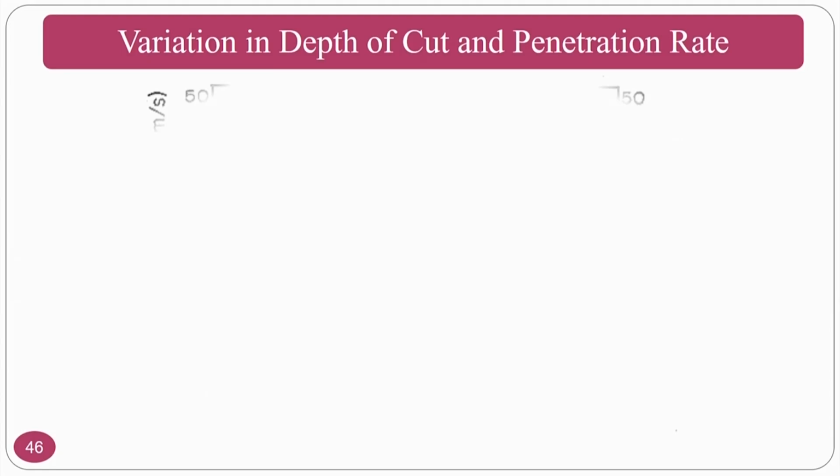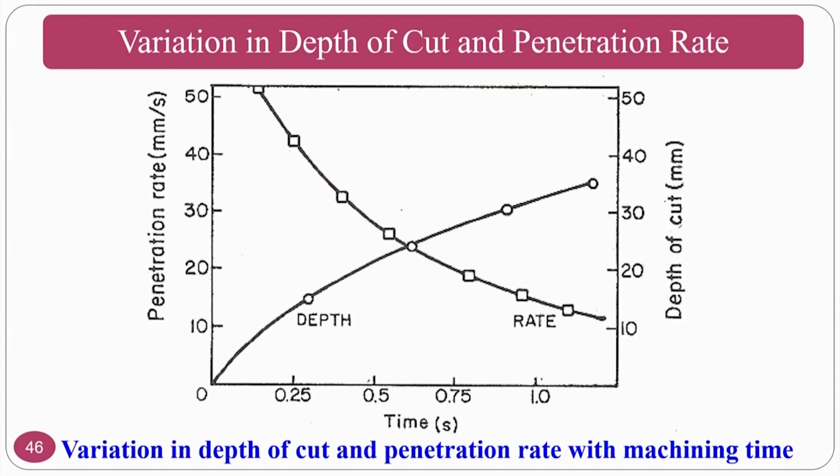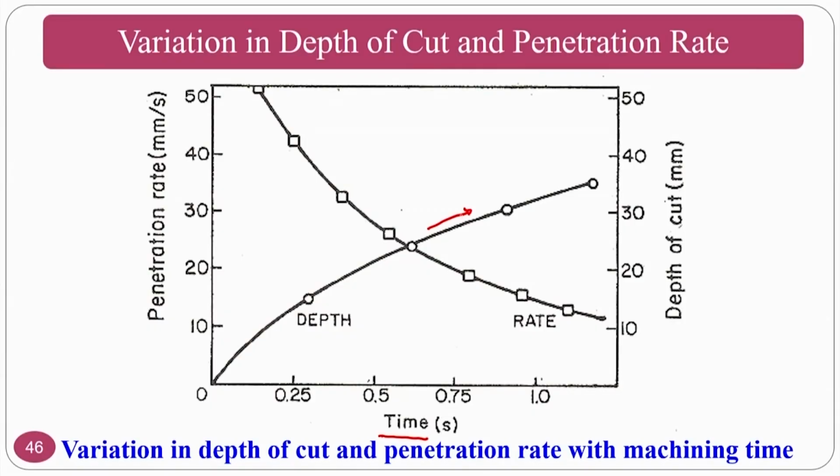Variation in depth of cut with the penetration rate: the penetration rate is always a function of time. If you see the time and the depth, the cumulative depth will gradually increase as machining time increases.